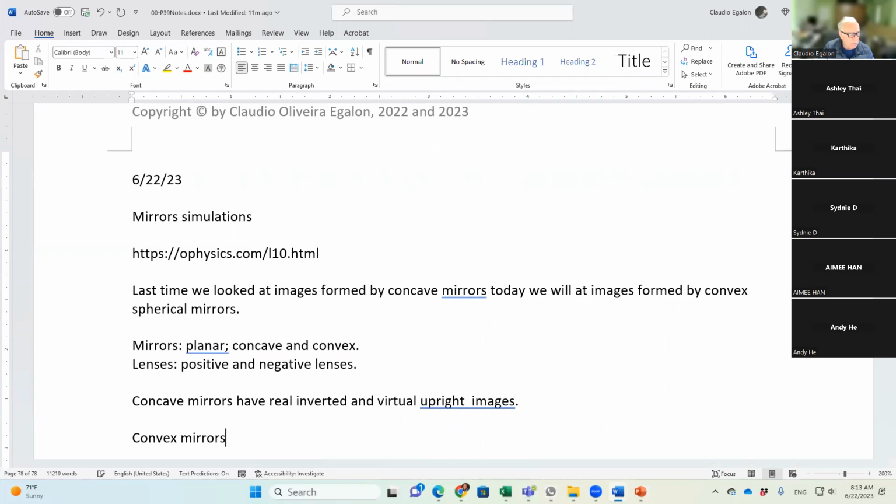Convex mirrors have what? Only virtual upright images.